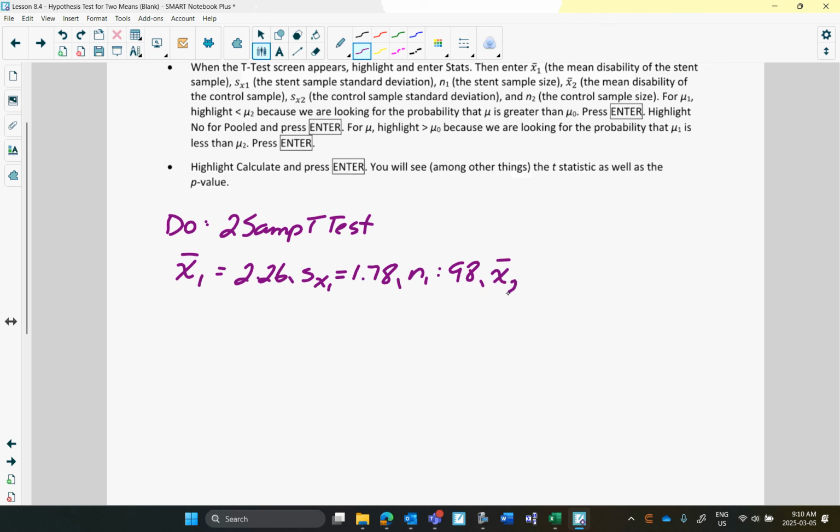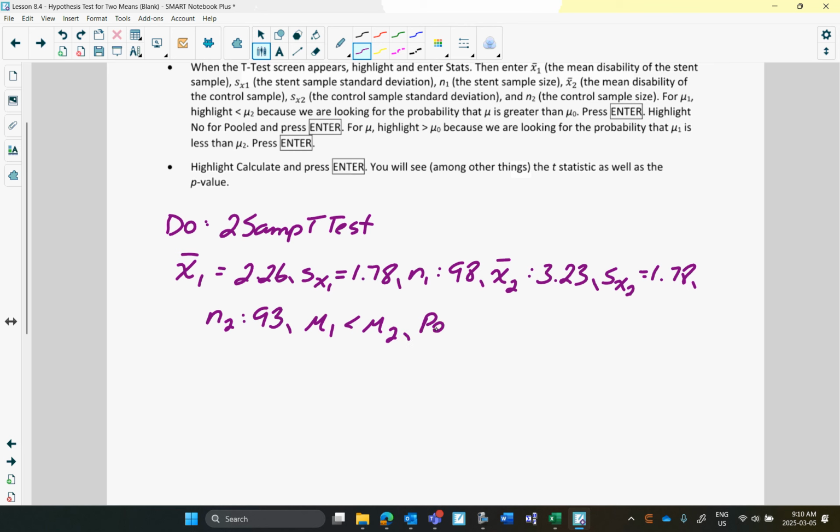And then for the control group, which is the second group, its mean disability score was 3.23 in the sample. The standard deviation of that one was also 1.78, but the sample size was a little bit smaller, at 93. And is it pooled? No. Pooled only applies when we do difference between two proportions.